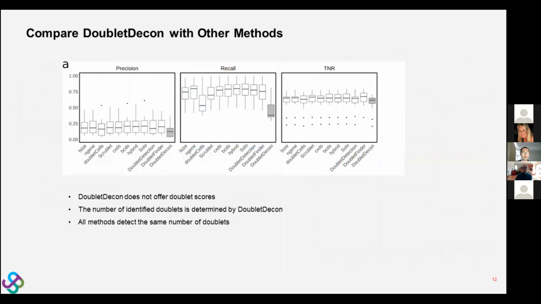We realized that one method, DoubletDetection, did not give you a doublet score. It only gives you the predicted labels, which cells are doublets.